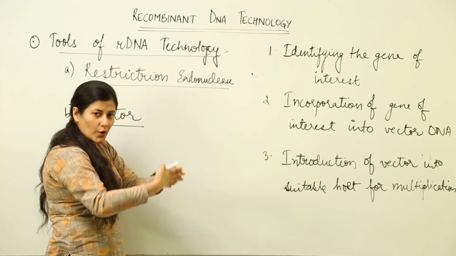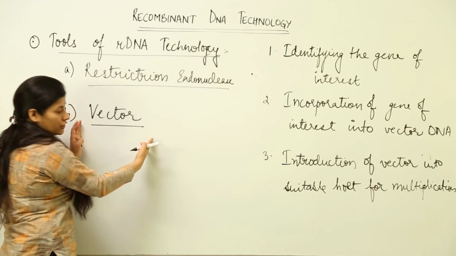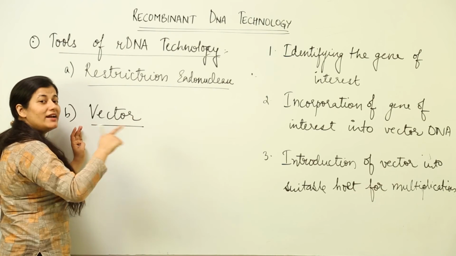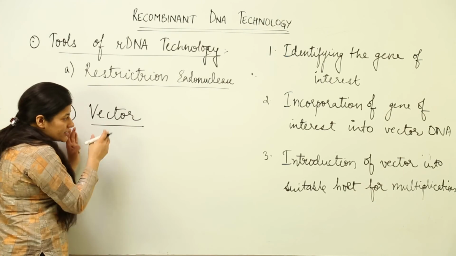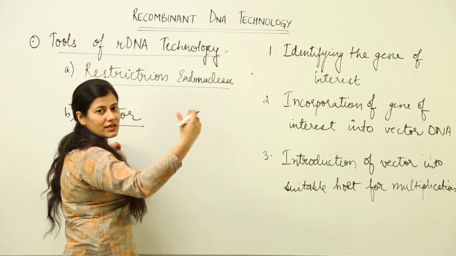Okay, just join that gene of interest that has been cut from the organism into it, and then as the vector goes and infects an organism, it is going to infect the particular cell with a high dividing ability.